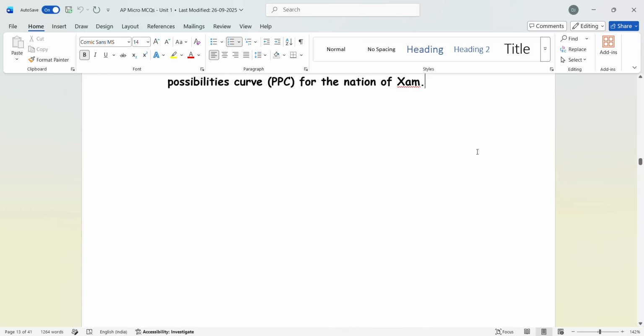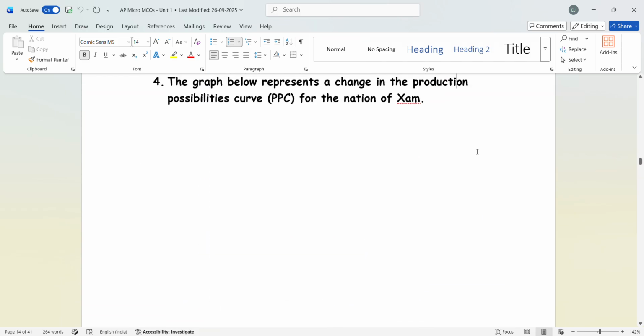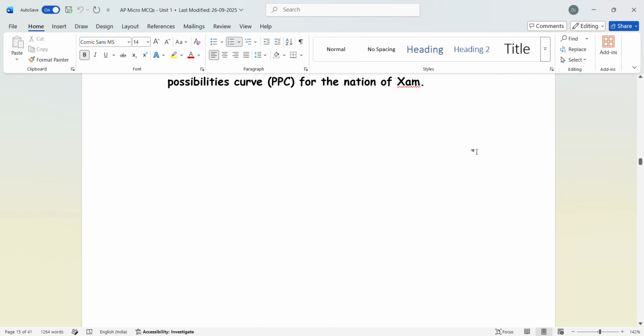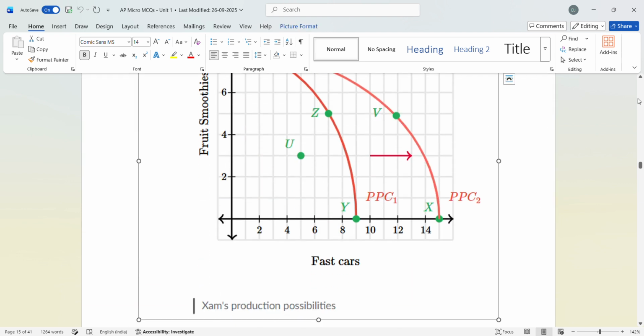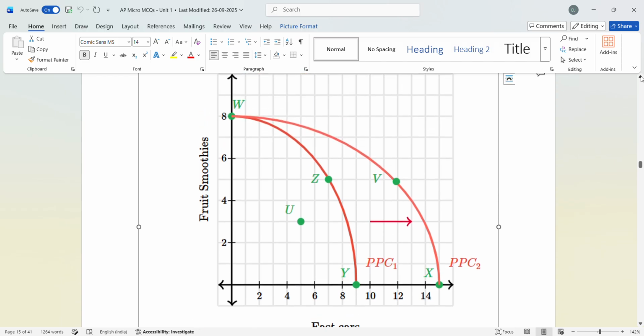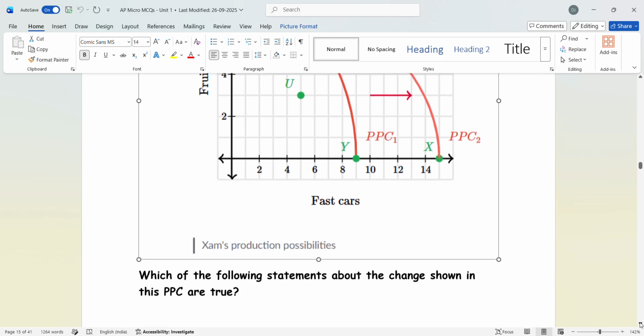The fourth one says, the graph below represents a change in the production possibilities curve for the nation of Zam. Let's see. Fruit smoothies and fast cars. So that's the curve, right? Fruit smoothies is the same production and for fast cars, the production has increased. All right.